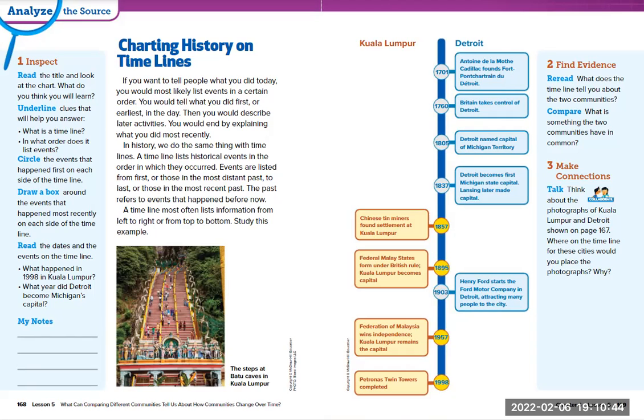The next thing you have to do is that you have to underline clues that'll help you answer these questions. So the first question is, what is a timeline? And you can answer it underneath where it says my notes. And the other question is, in what order does it list events?